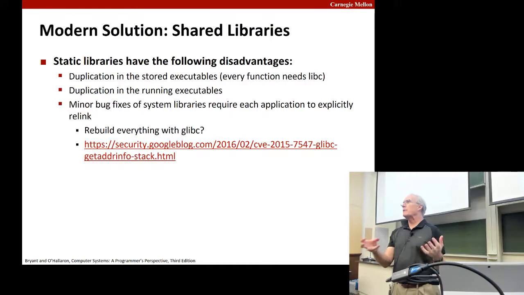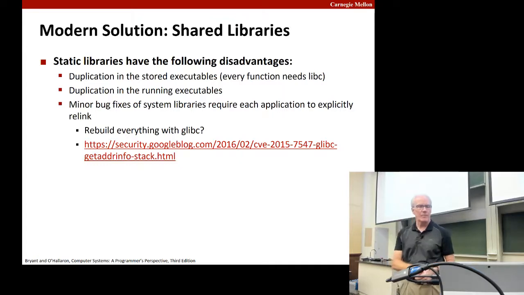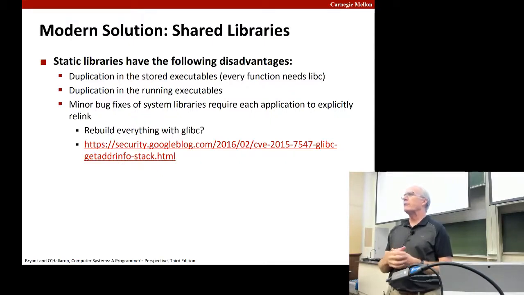And the biggest problem they had was tracking down all the places where that library code had been linked in statically, and therefore, even if they fixed the bug in their version of the code, that fix wouldn't get propagated to all these copies. So there's a couple of reasons then why you don't want to statically link.